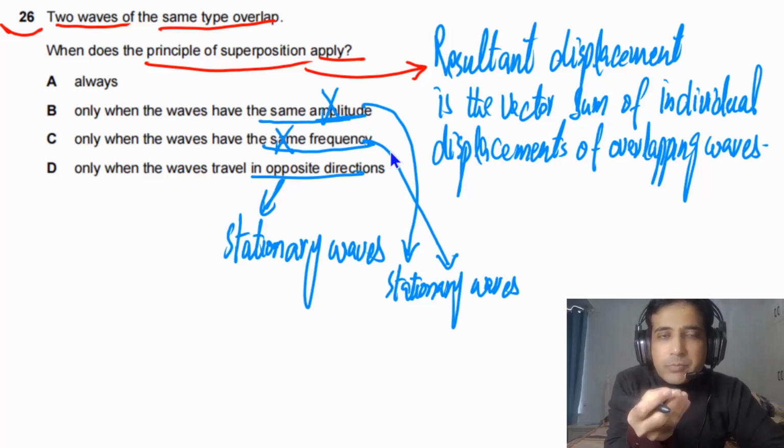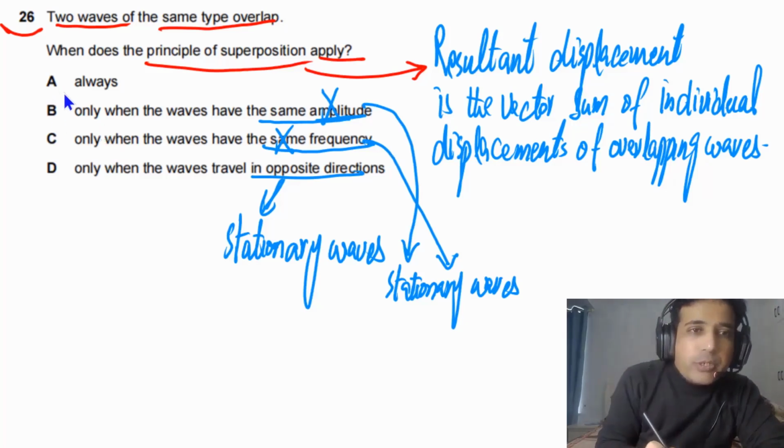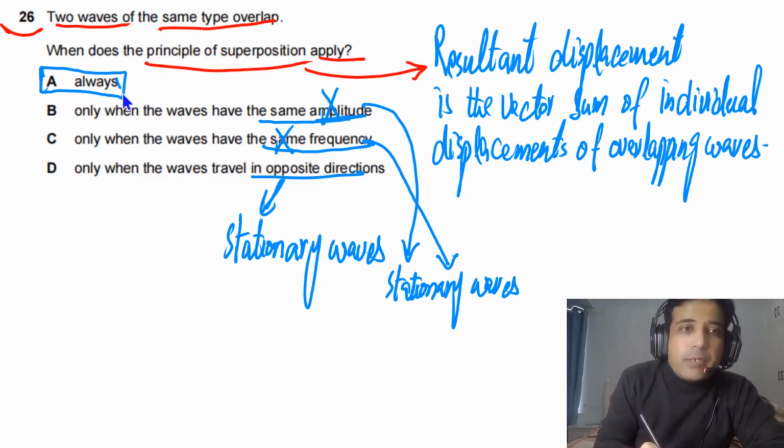With the help of this principle, we can simply find the resultant displacement at any point. The principle of superposition always applies if waves are of the same type. So the answer for this question is A.